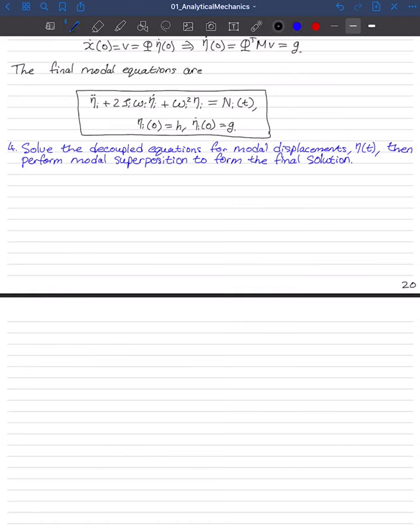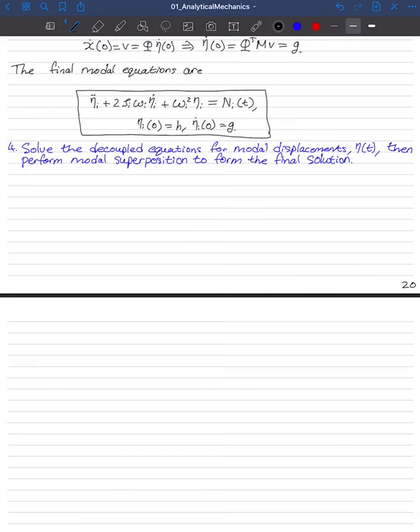Okay, so assuming that you can solve for these, you'll get a particular solution plus a general solution, which is typically called the transient solution.